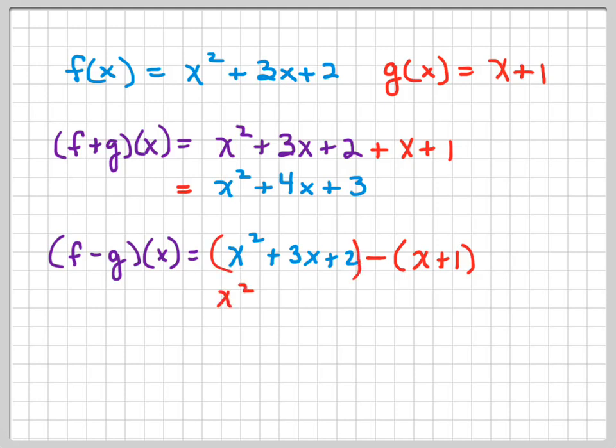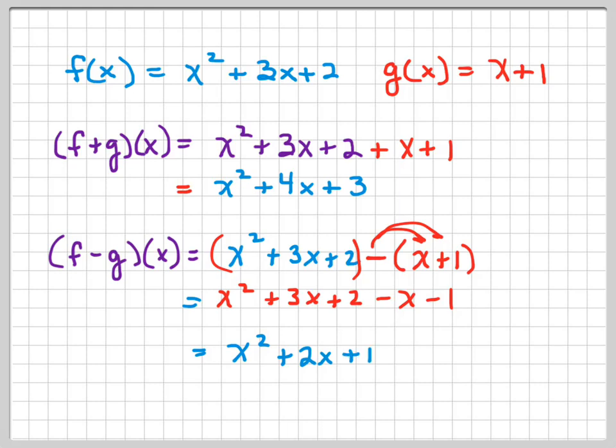What that means is you've got some distributing, or you have to flip all the signs on g of x. So you're subtracting each term, and therefore f minus g of x would be equal to x squared plus 2x plus 1.